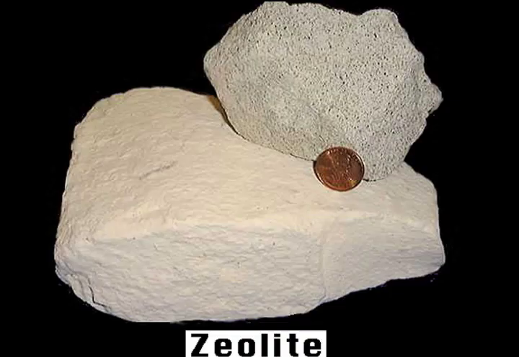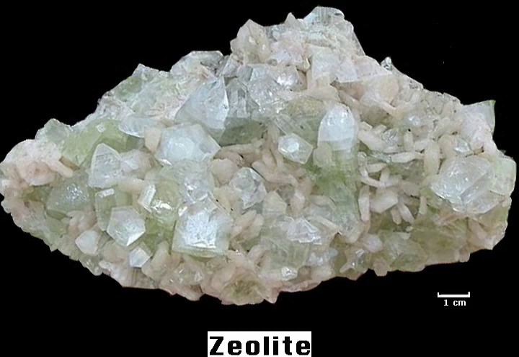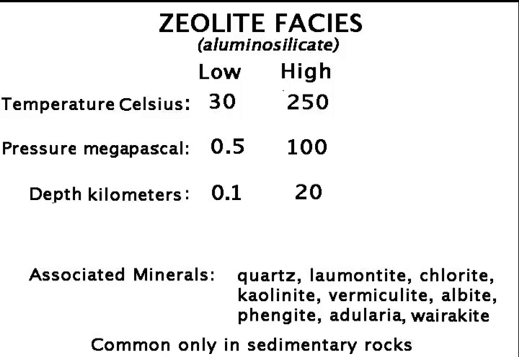Zeolites form when temperatures and pressures rise only a little above those of diagenesis. Seen mainly in pelites, they are porous cations of sodium, potassium, calcium, or magnesium, all with water attached. The water is driven off by heat, but can be resorbed, thus making zeolites uniquely useful.